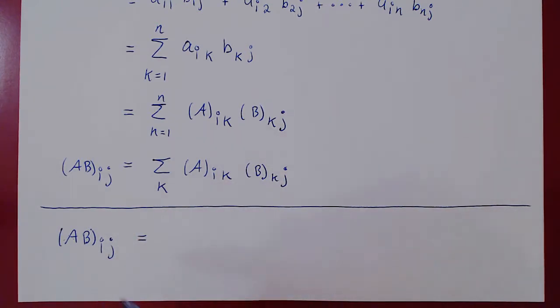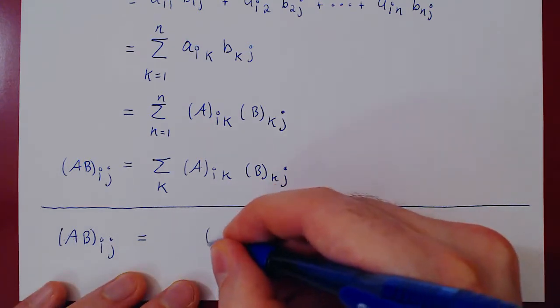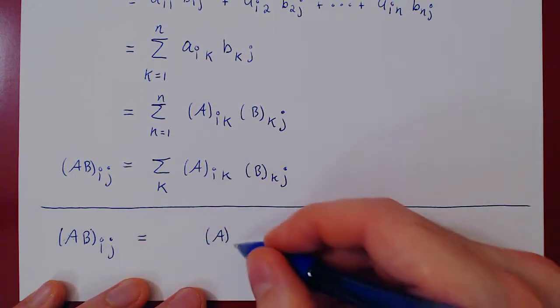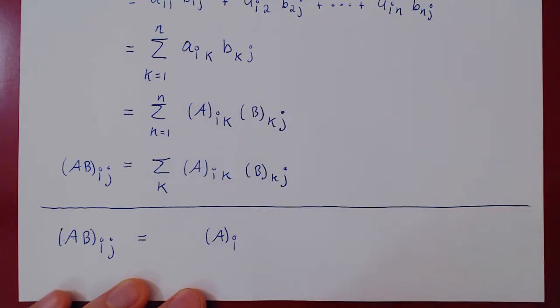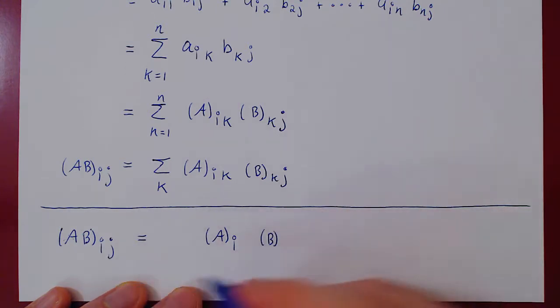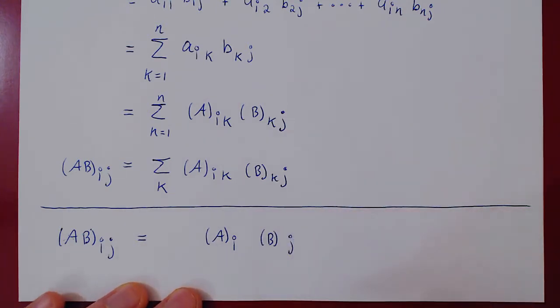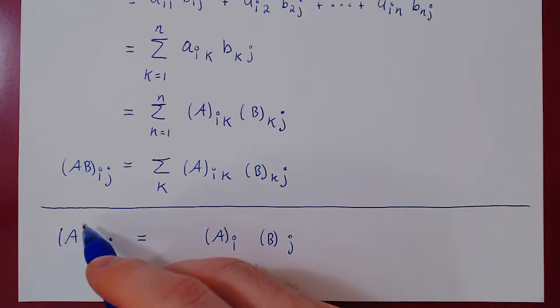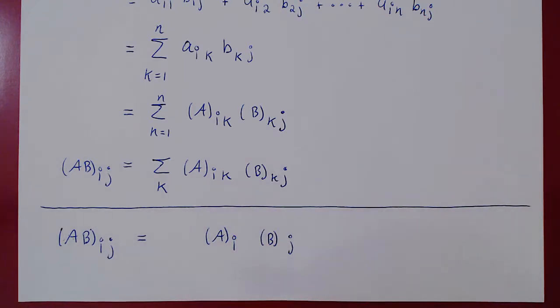So you say, okay, well, if we take the ith row of A, we take the entries of A found in the ith row. So this would be the entries of A. Since we take the ith row, the first index is fixed, it's I. Then we take the jth column of B, well, entries of B, found in the jth column, that is the second index, that is also fixed. And if you think of it, we multiply the ith row of A times the jth column of B, but how do we multiply a row times a column? We multiply corresponding entries.